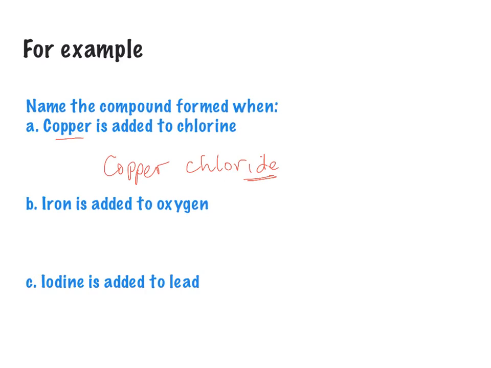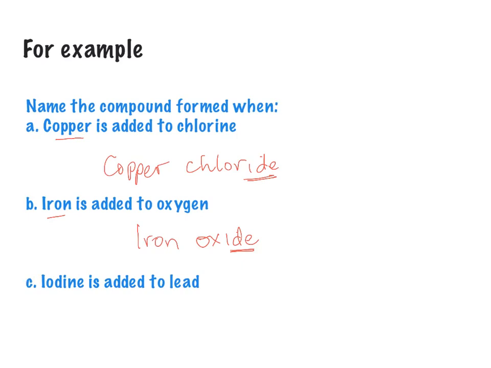Right. Next one. I'll give you a chance to have a look at this. How about you have a go first, and then I'll put the answer in. So if you go now. Right. So our answer is iron is the metal, so it goes first. So we've got iron. Oxygen becomes oxide. So hopefully you got that one correct.